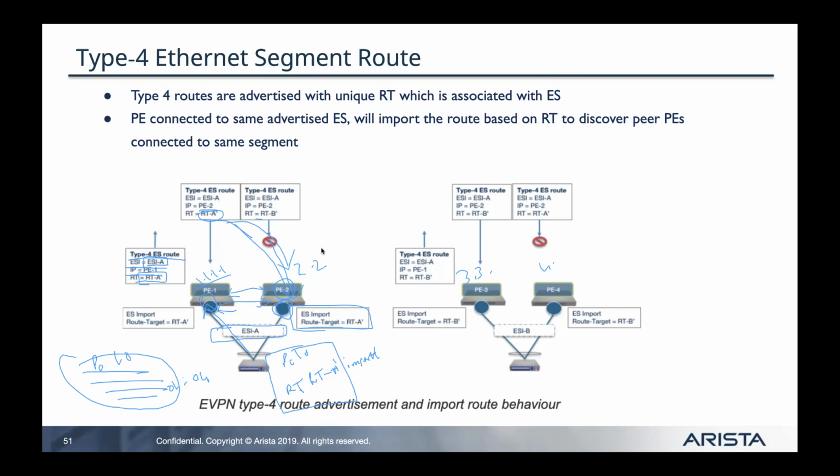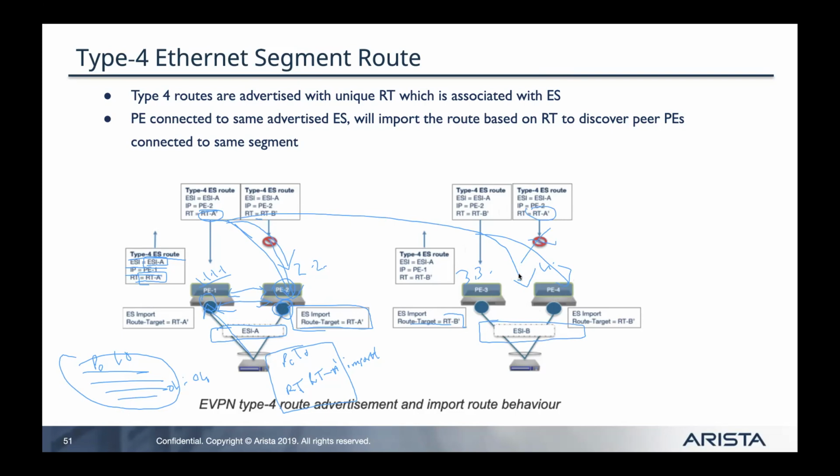Okay. Similarly, this route will also be sent to PE3 and PE4, with the same RT-A. But because their import route target is different, they will not import this route RT-A. They will just ignore it, because they are not peers with PE1, right?